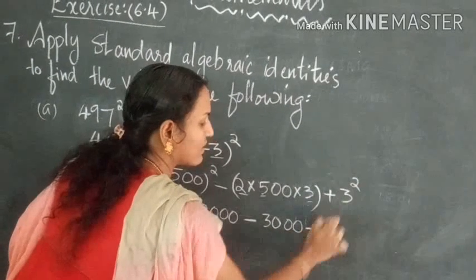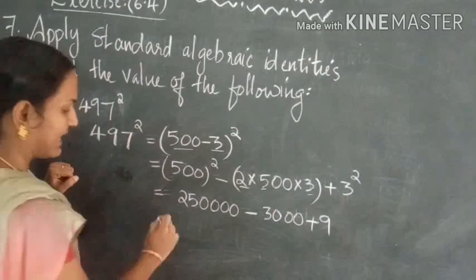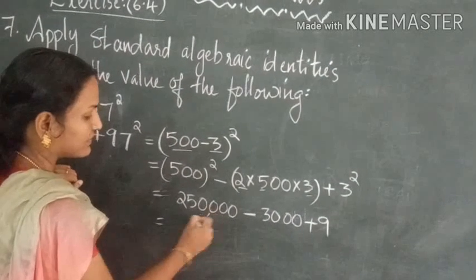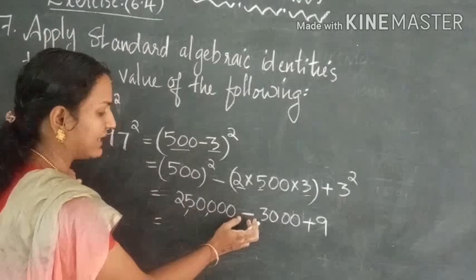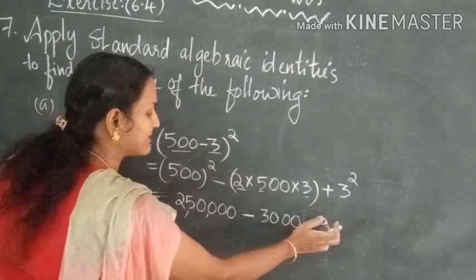Plus 3 square is 9. So it is equal to 2,50,000 minus 3,000 plus 9.